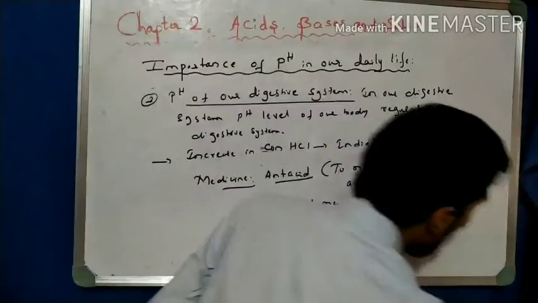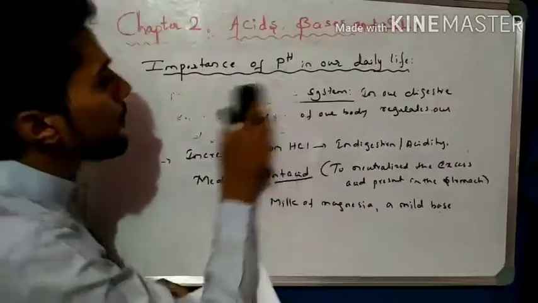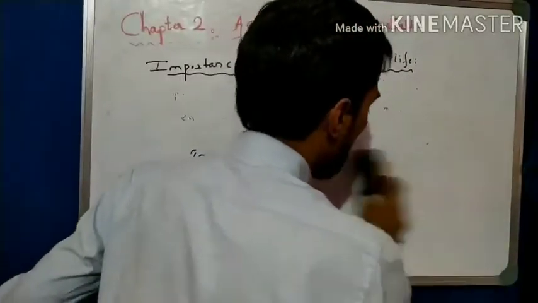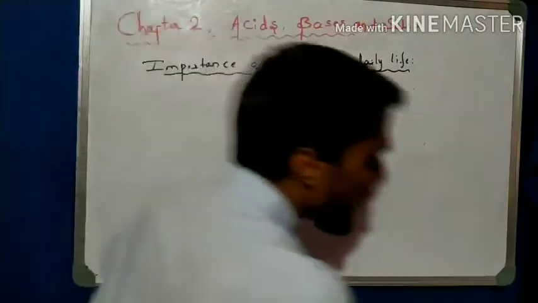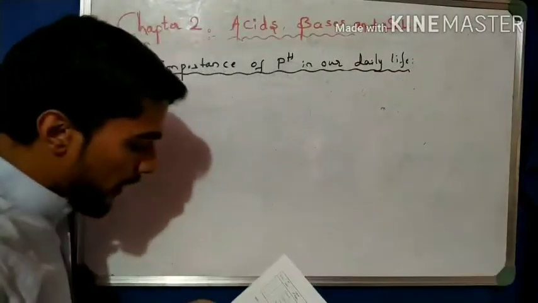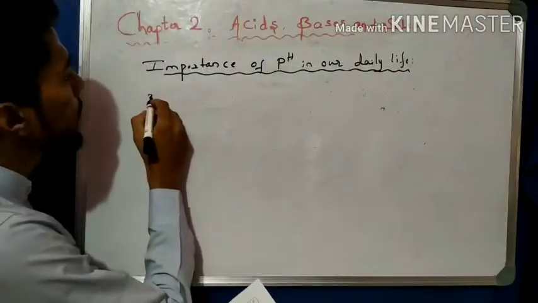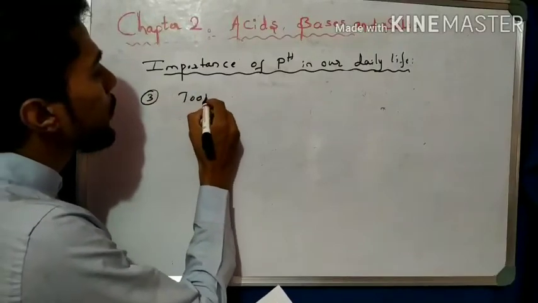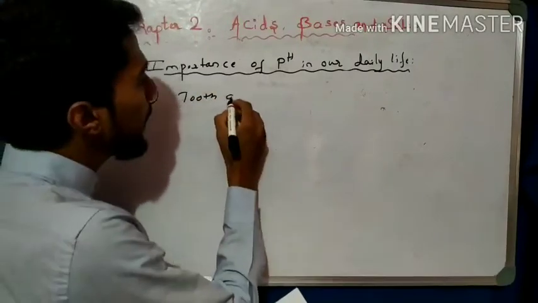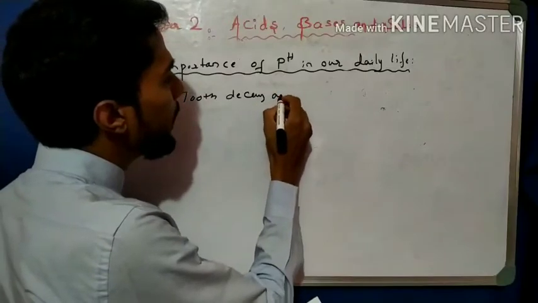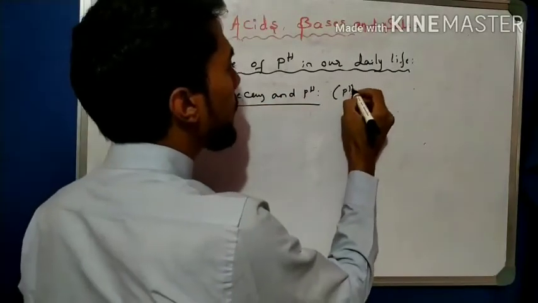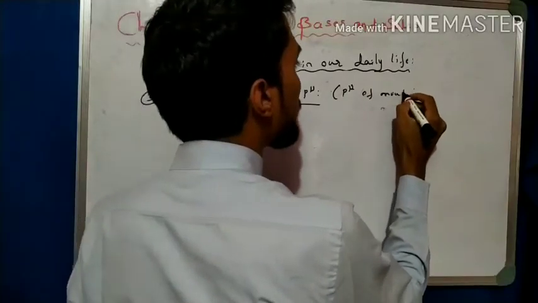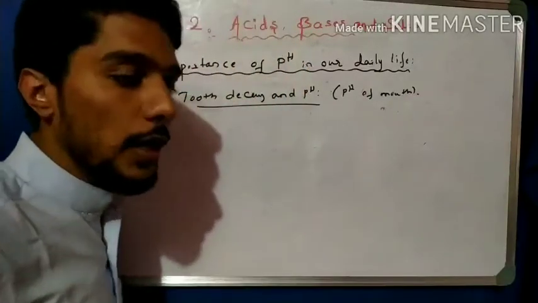Now come to the third one, that is the pH of our teeth. The third point is tooth decay and pH, that is, the pH of our mouth, the pH of our buccal cavity.